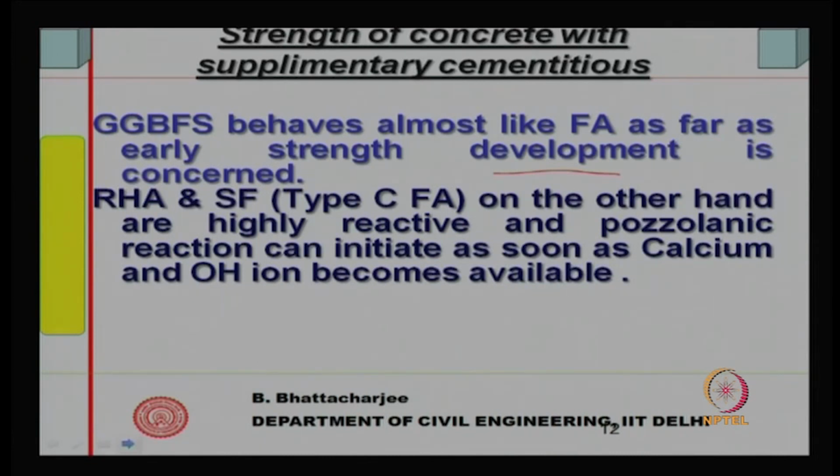It almost behaves like fly ash, right, because the strength enhancement in the long run is due to the secondary pozzolanic reaction, which is not available early, that is only available after a certain period of time, after sufficient lime has been produced by the cement reaction, because it also has to depend on the cement reaction.